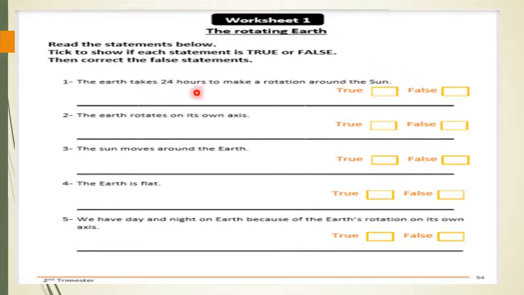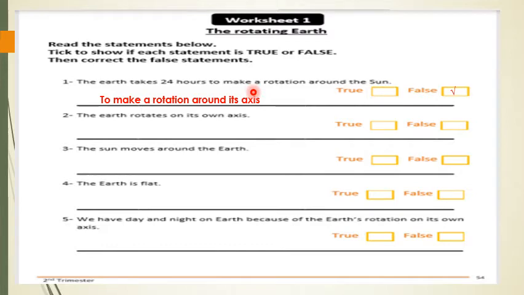So it doesn't take 24 hours to make a rotation around the sun. It takes 24 hours to make a rotation around its own axis. So this statement is false, and the correction is to make a rotation around its axis. You also can change 24 hours and write 365 days to make a rotation around the sun, as you like.